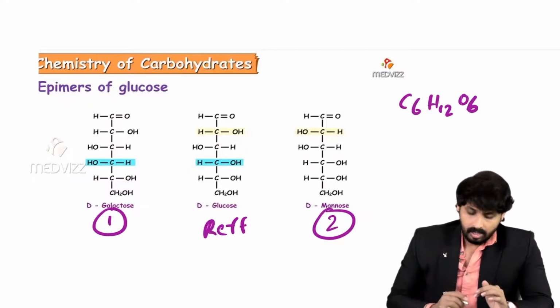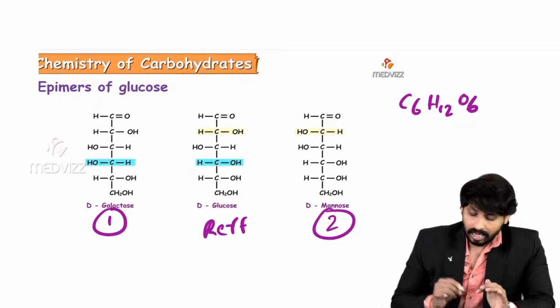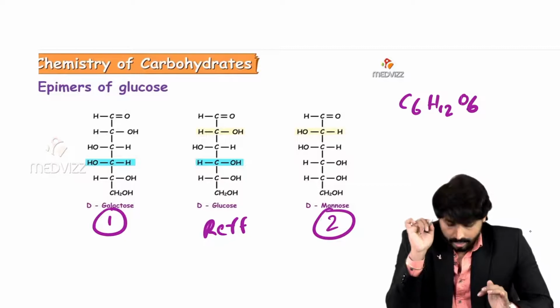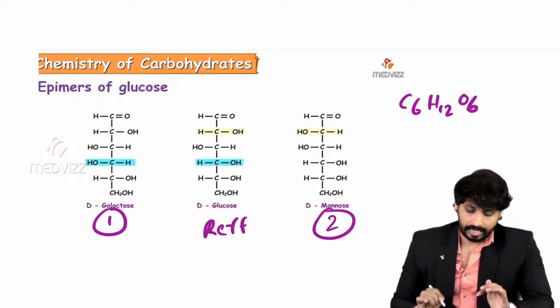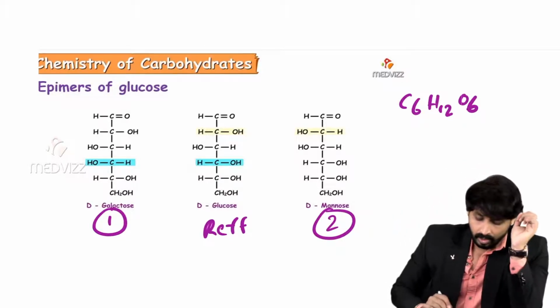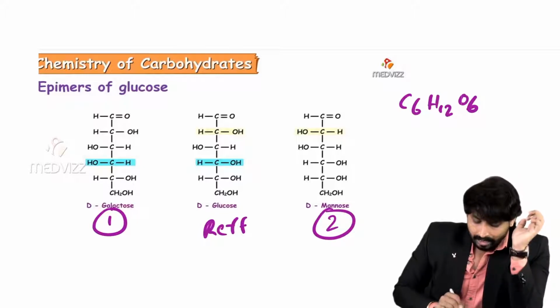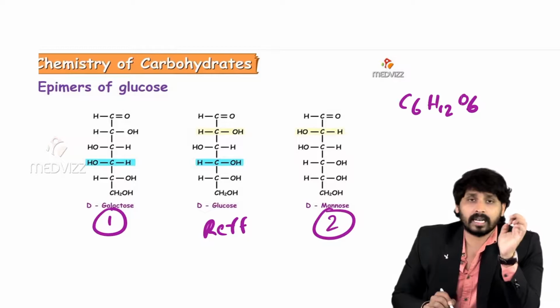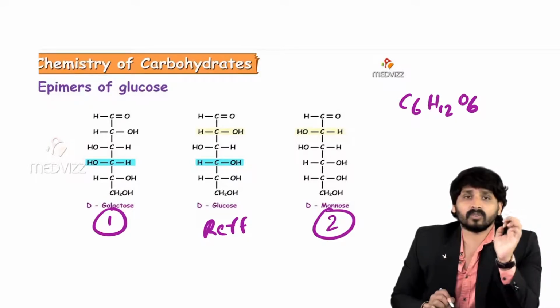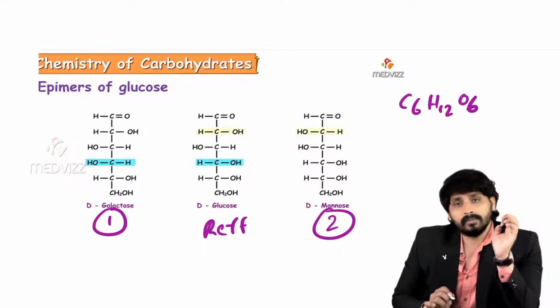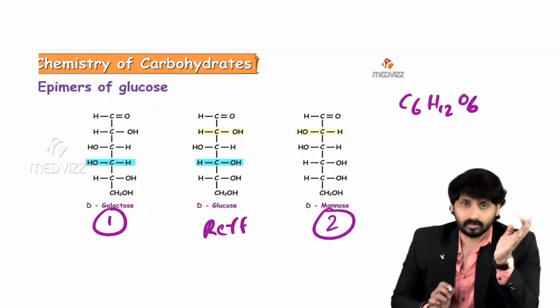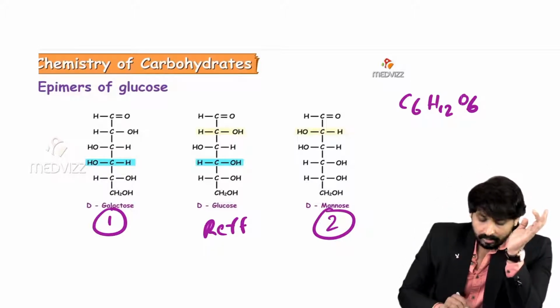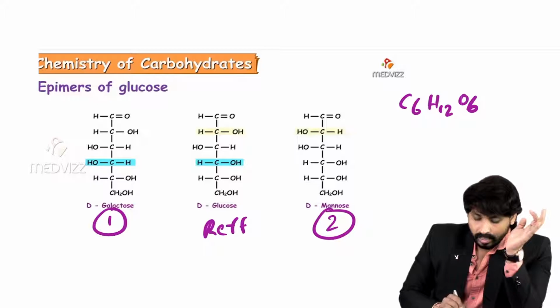The differences I have marked with the highlighter in these three molecules: galactose, glucose and mannose. Galactose and glucose both carry the same 6 carbons, same functional group, same number of hydrogens, same number of oxygens, right? But the difference exists only in the 4th carbon.